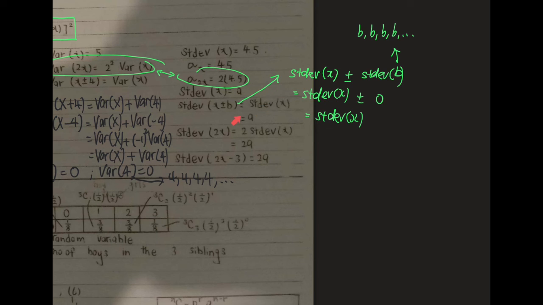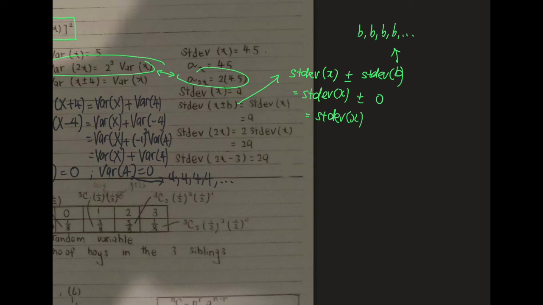Then standard deviation of x is a. Standard deviation of 2x is 2a. Standard deviation of 2x minus 3: the 2 will make it 2a. The 2 gets the a. The 3 here, based on this, the standard deviation of 3 ends up with 0.